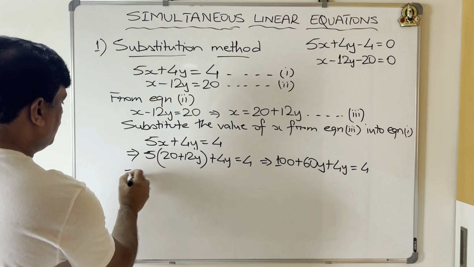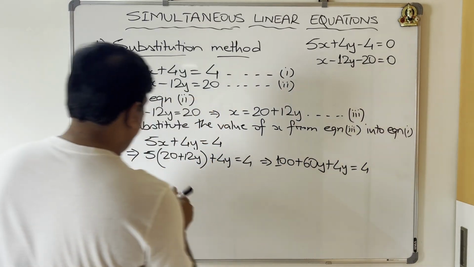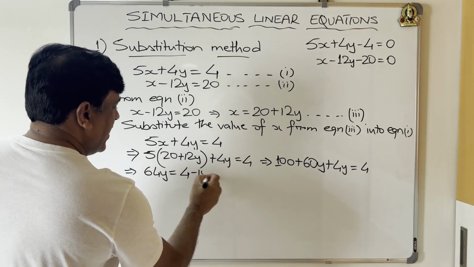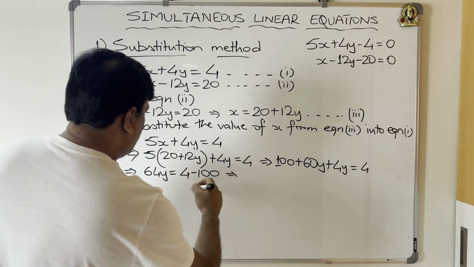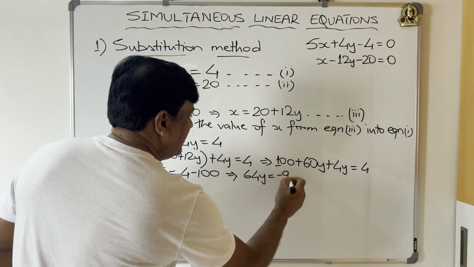In the next step, I'm going to take 100 to the other side. This becomes 64y. 64y = 4 - 100, which is 64y = -96.